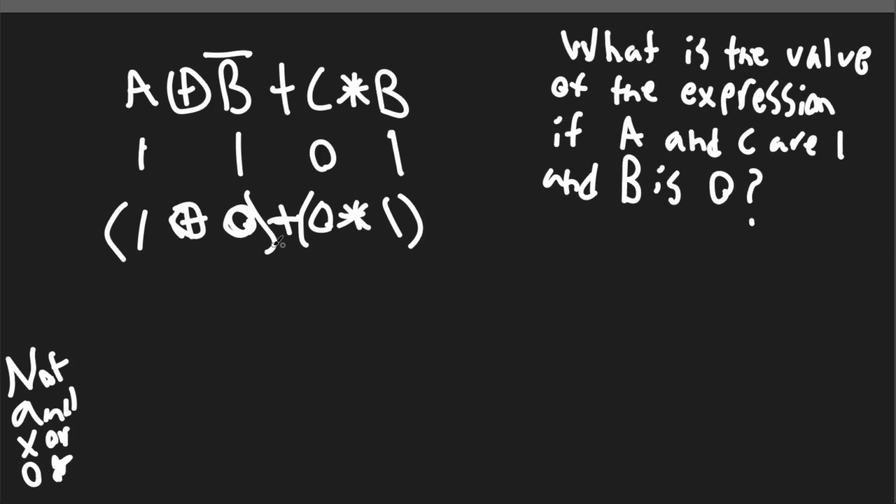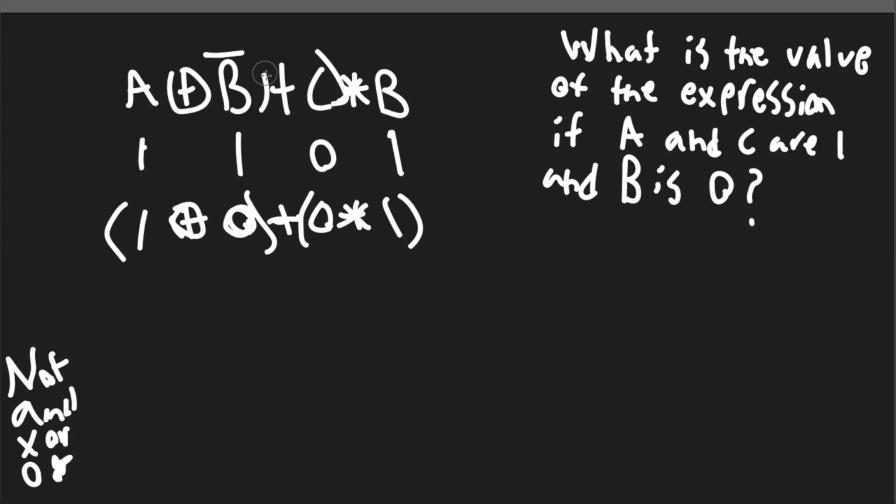If you have it written like this, this goes first, then this. If you have this goes first, and then this will go second, and this will go third, you'd say A XOR B, or C, and B. Okay? But we're not doing it like that.